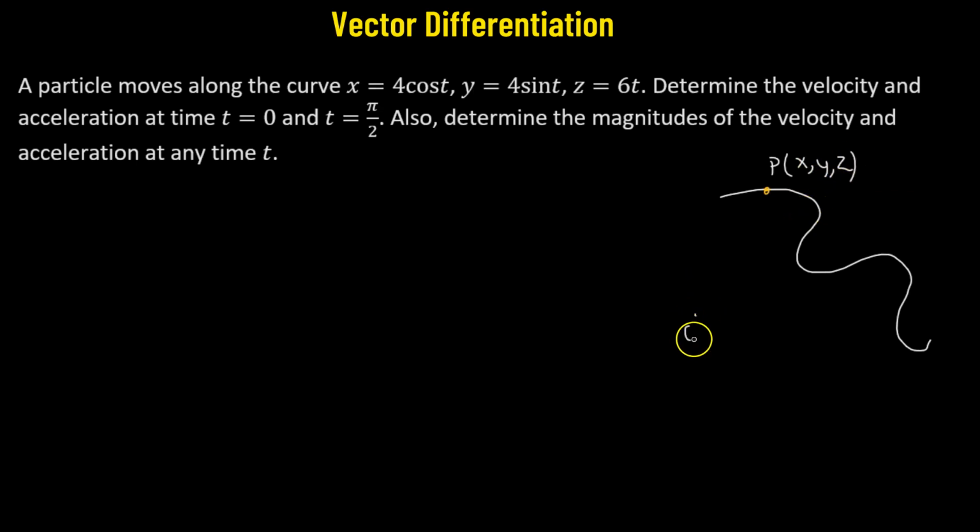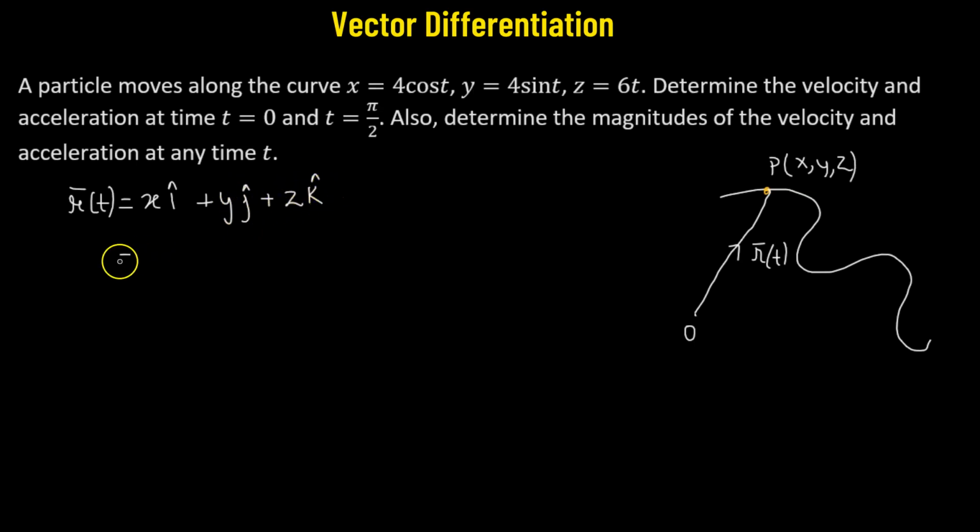Then, with respect to a fixed arbitrary origin, the position vector of point P will be given by vector r as a function of t. So r vector of t is x i cap plus y j cap plus z k cap, and we are provided with the values of x, y, and z.